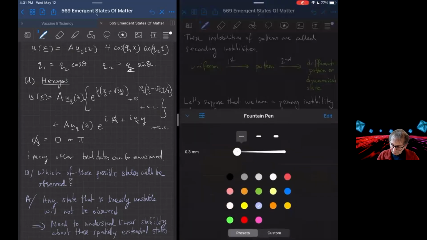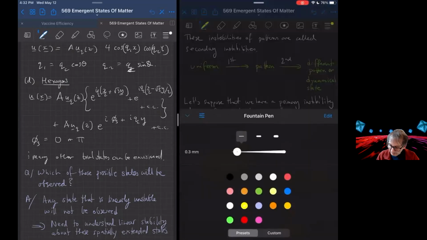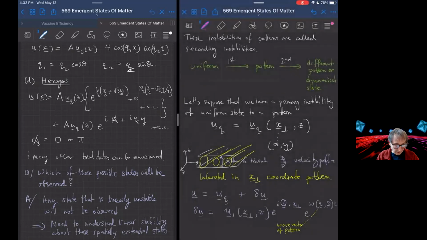So let's just make crystal clear that we know what these things are. The little q is the wave vector of the pattern. And then the capital Q is the wave vector of the perturbation.